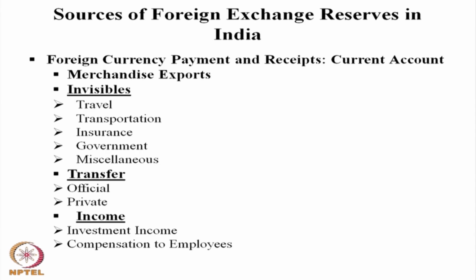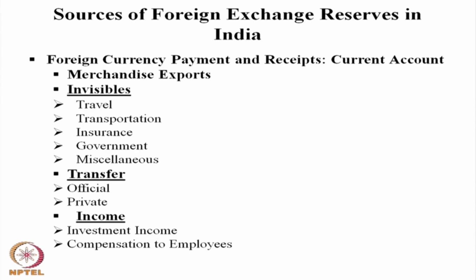In the day to day transactions of the current account, we generally have merchandise exports and imports as the current account composition. Exports provide us foreign exchange. Similarly, invisible receipts provide us foreign exchange. Invisibles include travel, tourism, transportation, insurance premium, government accounts, and miscellaneous expenditures which are day to day in nature.